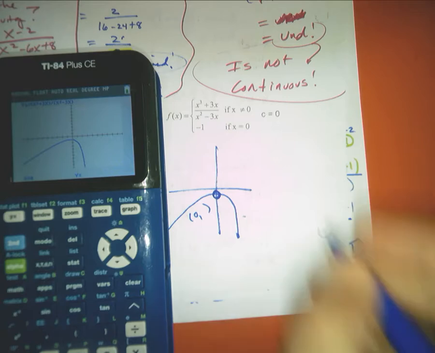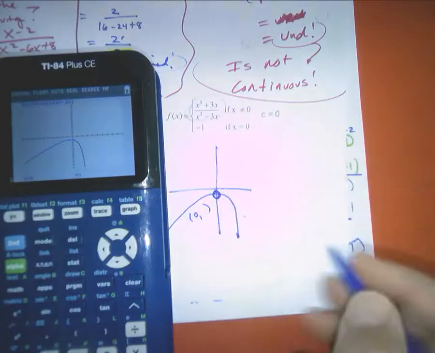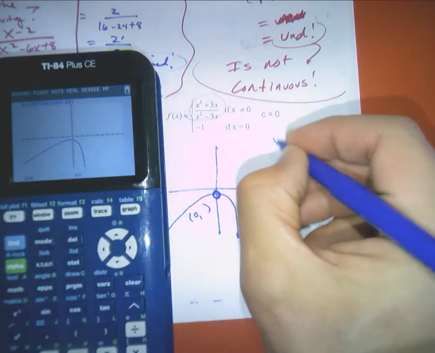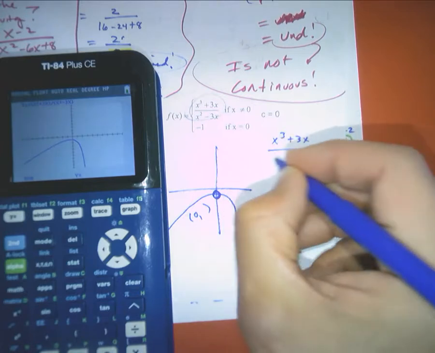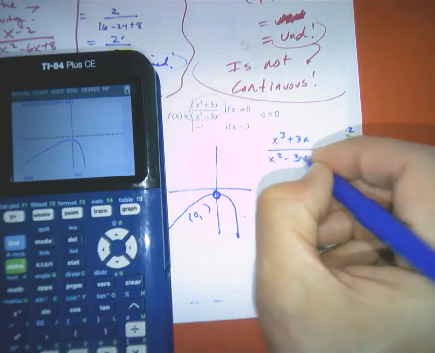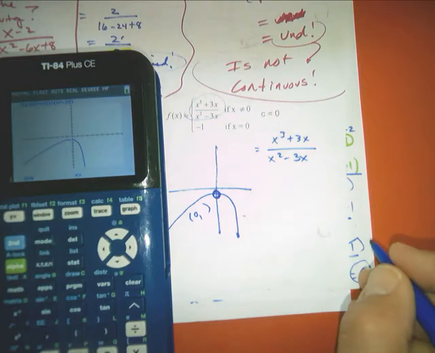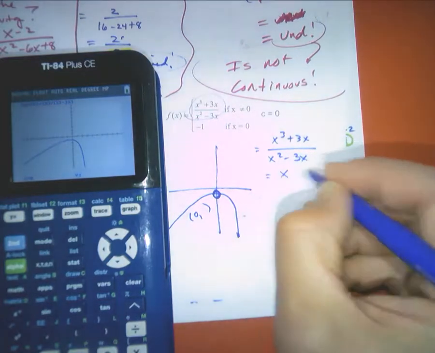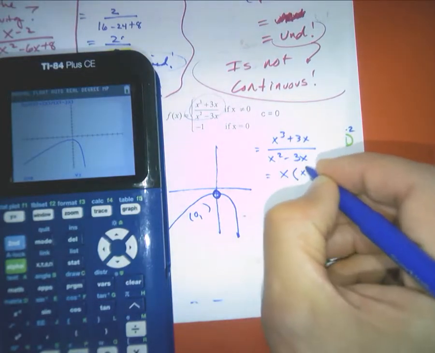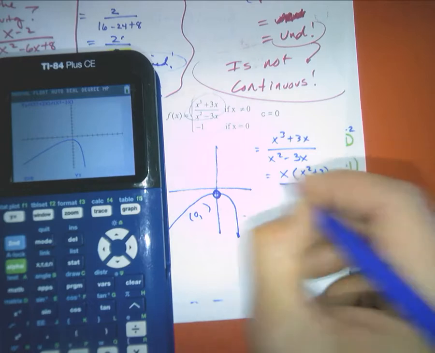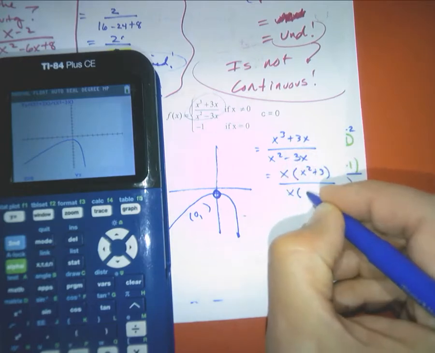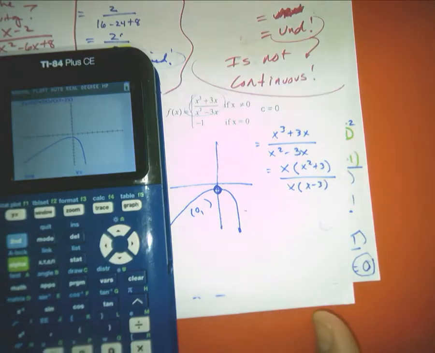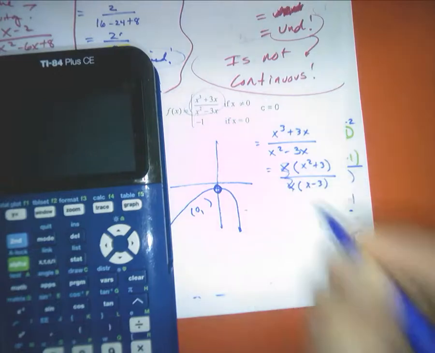Okay, let's do that. I'm going to take a look at the top here. Again, I've got x cubed plus 3x, and then I've got x squared minus 3x. So Raman suggests, hey, we could factor this thing. Take out an x. That leaves me with x squared plus 3. And on the bottom, take out an x. That gives me x minus 3. Now the x's reduce.